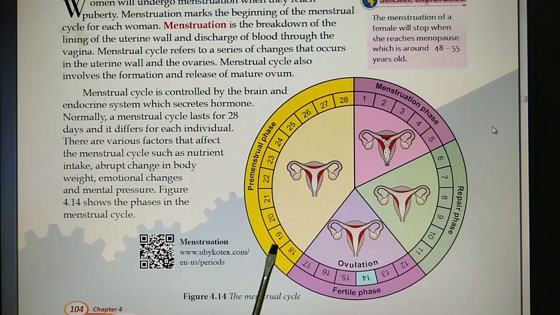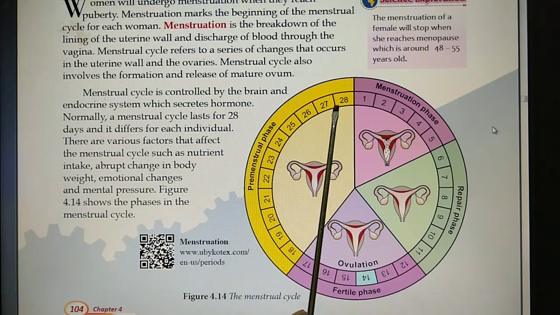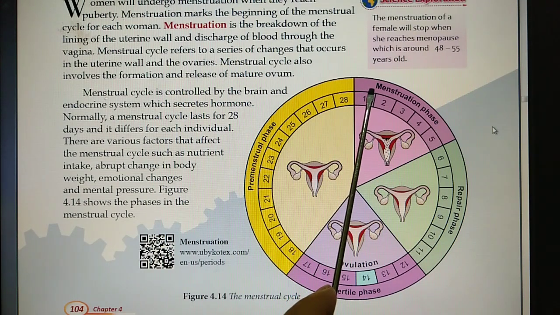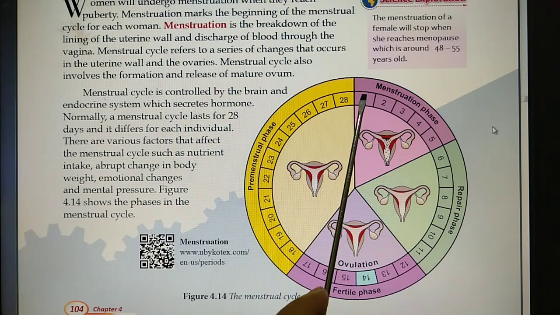And the fourth phase is the premenstrual phase, from the 18th to day 28. So after that, it will go into the next menstrual cycle.